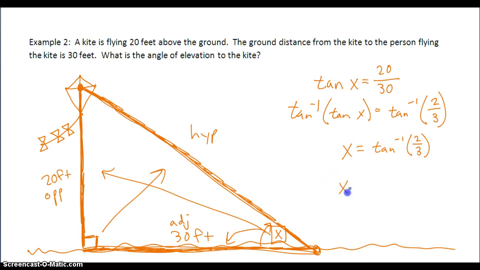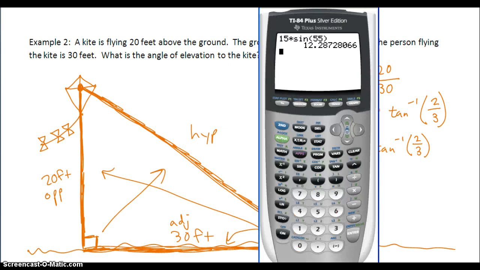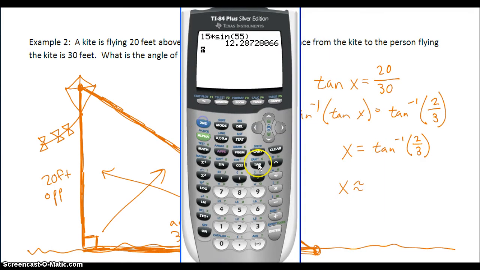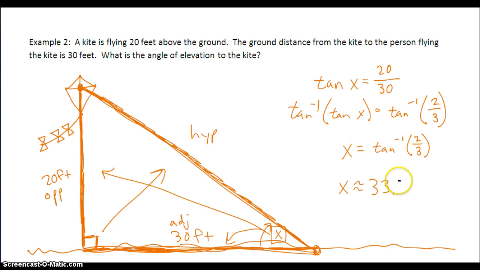Again, I can use my calculator to approximate that answer. Tangent inverse, second tangent, of 2/3 equals 33.7. So x is approximately 33.7 degrees.